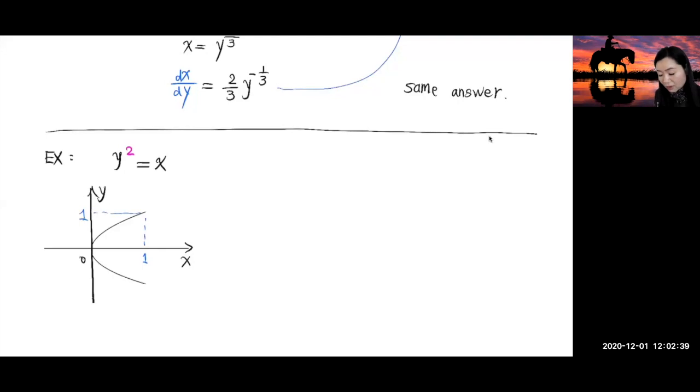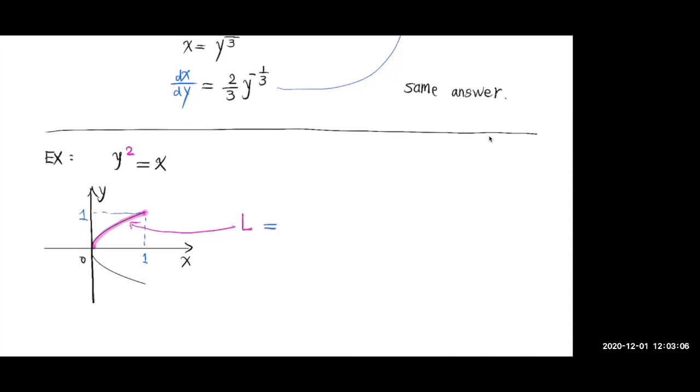Now we only focus on finding the arc length from here to here. Let's call it L. So do you want to use formula one, A or B? Which one is easy to find? You want B? Good choice.